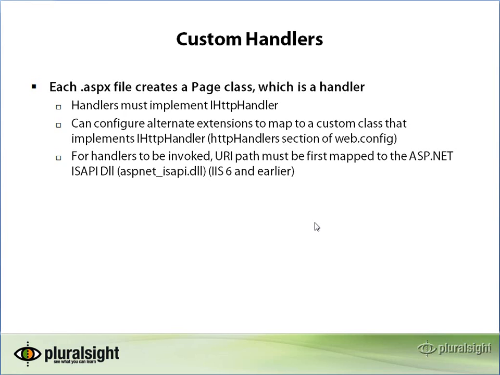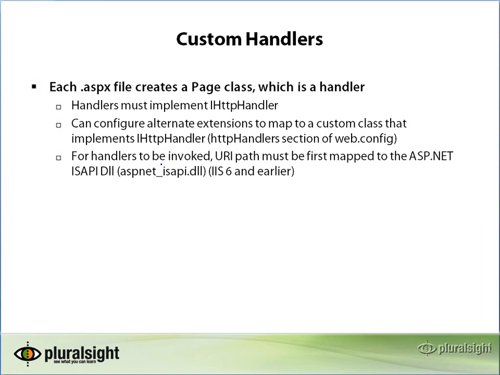So it's worth pointing out initially that every ASPX file does turn into a page, which in turn implements the IHttpHandler endpoint. So by default, all of your pages obviously are endpoints, and the only requirement that's necessary to become an endpoint is to implement this interface, IHttpHandler. So what you can do, if you want to, is build additional classes that implement IHttpHandler directly.